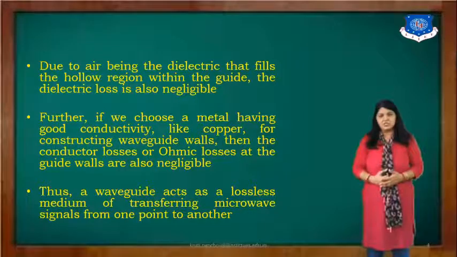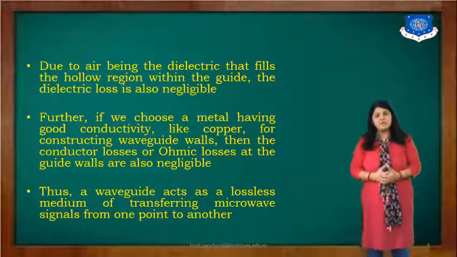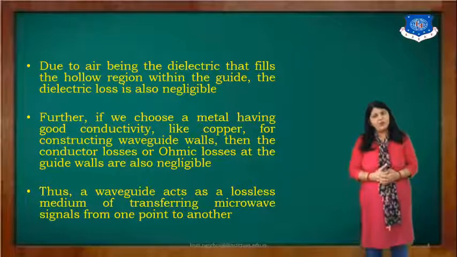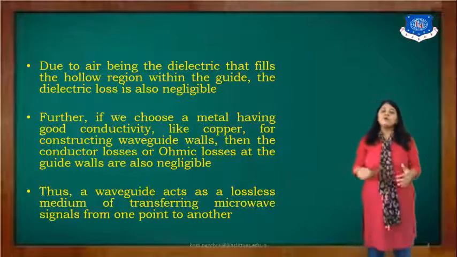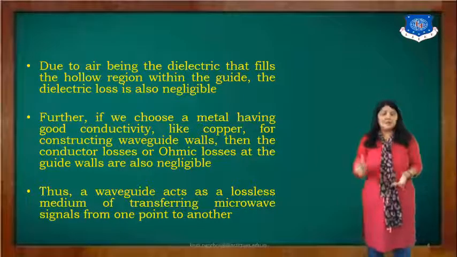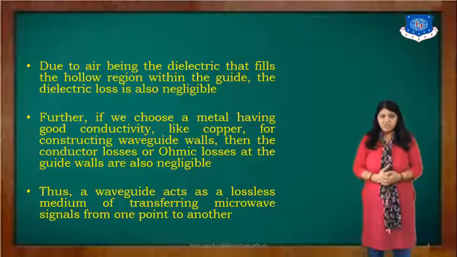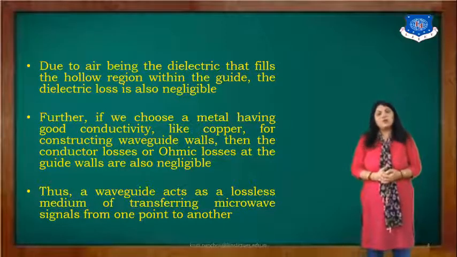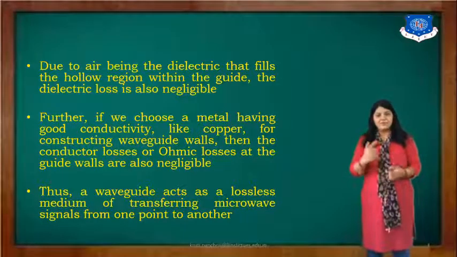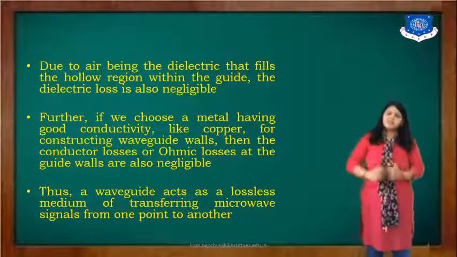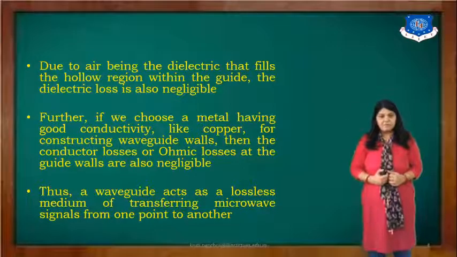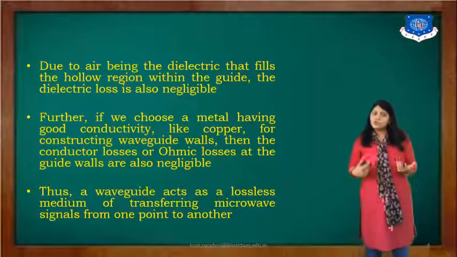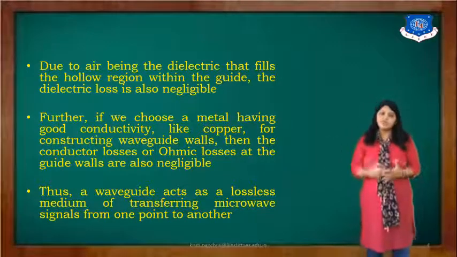For your information, sometimes the inner wall of the waveguide is made up of gold, so that there is no radiation loss, and all the signals are reflected from the inner wall and travel through the space. According to the application, this may be chosen.